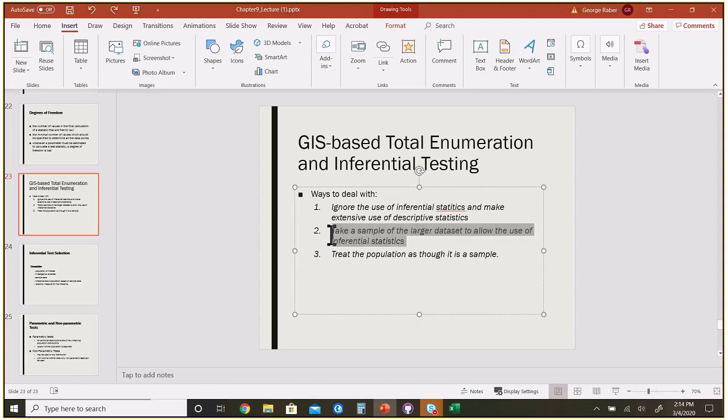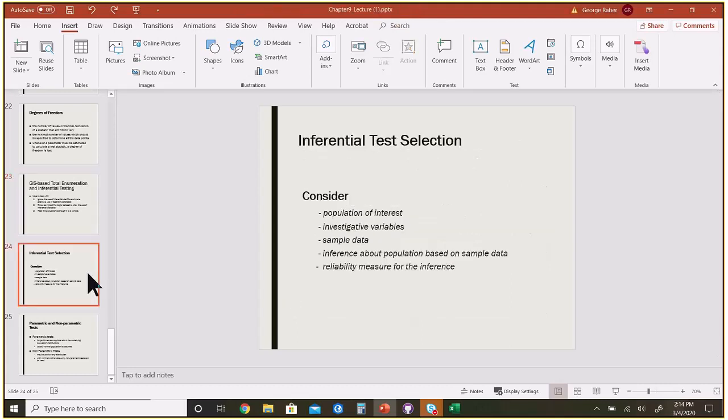But there are cases where we just have too much data. We want to check everything, and then finally, we are treating the population as if it's a sample because we're comparing the two populations to see if they really could be similar or if it's random chance that has caused a difference. Okay.